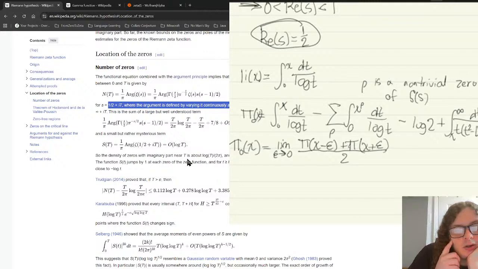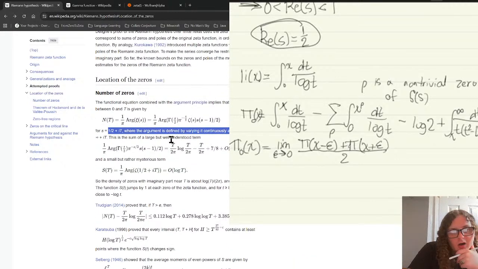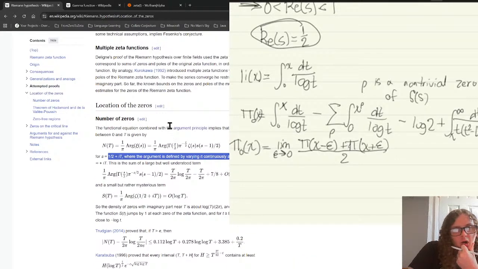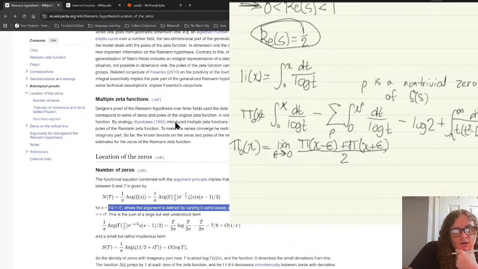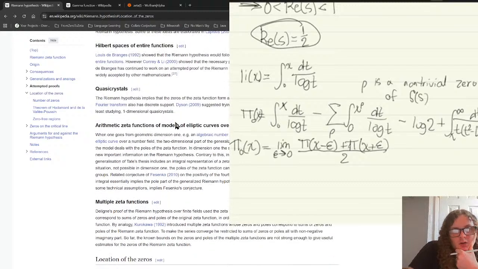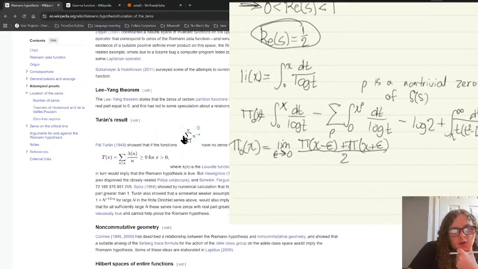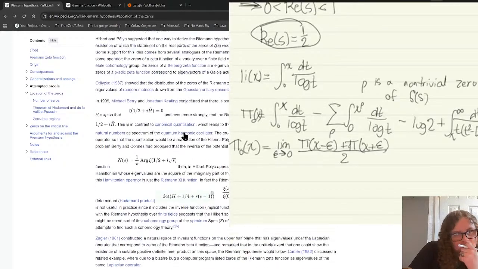The density of zeros with imaginary part near t is about... Okay, I am a bit lost here. So let's back up a few steps.